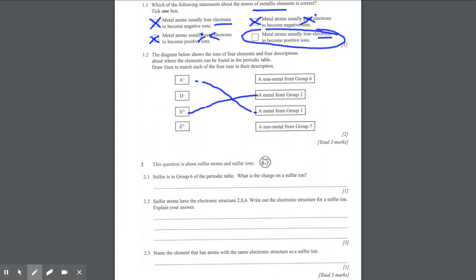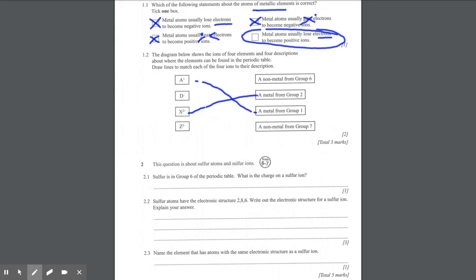So that then leaves us with the D minus ion and the Z2 minus ion. Now, in order to gain a minus charge, it has to gain an electron. So something which has got a 1 minus charge has gained 1 electron. Something which has a 2 minus charge has gained 2 electrons. So remember, they're trying to gain electrons to get a full outer shell, so with 8 electrons in it.